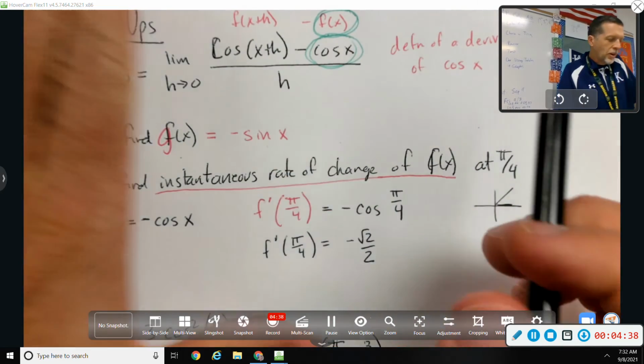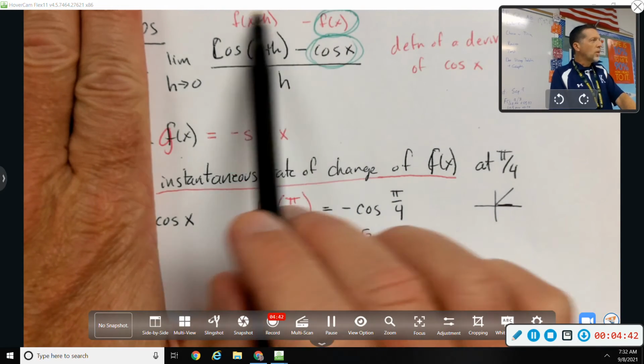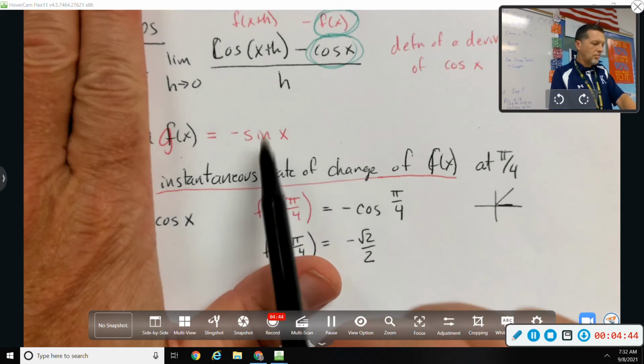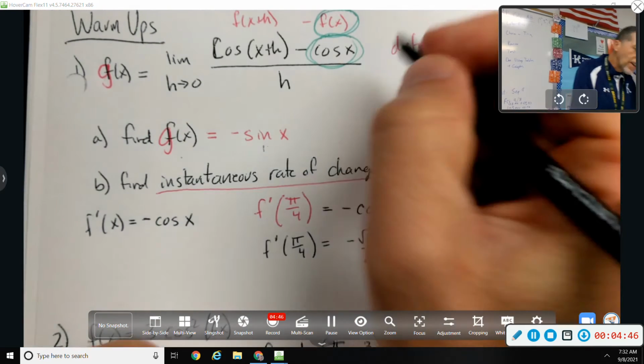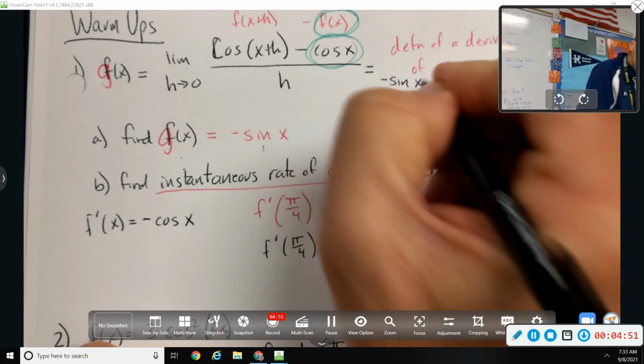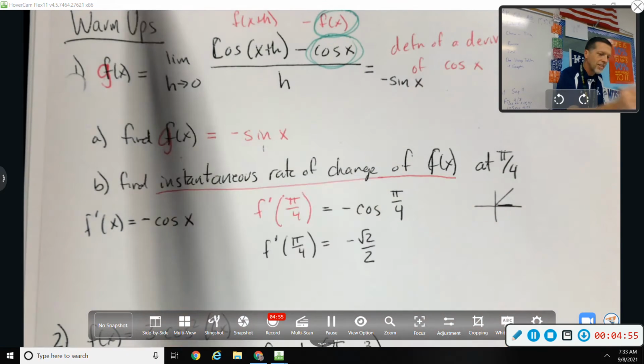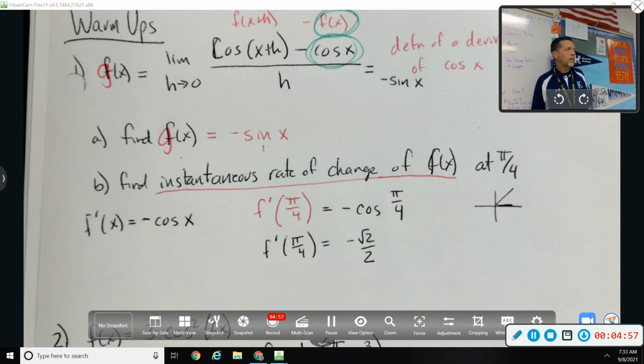Forget what we called it. This is the derivative of cosine. Right. The derivative of cosine is negative sine. Okay. So all of that, maybe it would have been better to just put it right there. All of that's equal to negative sine. Not because I know how to take limits, but because I just recognize that that's the definition of a derivative. Okay, yeah. Okay, cool.